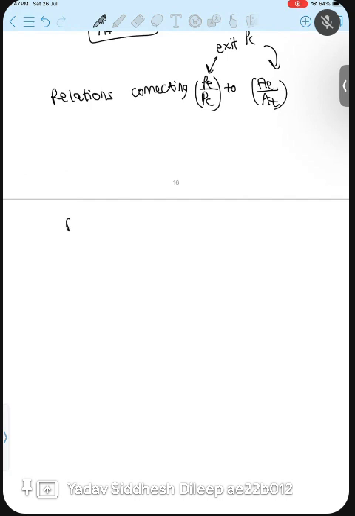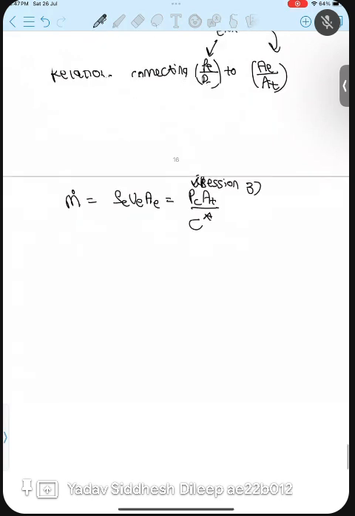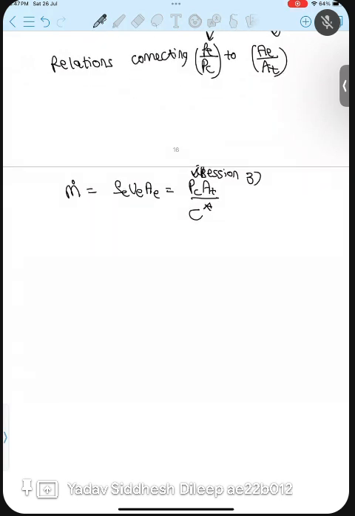So again, mass flow rate equals rho exit, u exit, A exit, and mass flow rate equals PC AT by C star. This was proved in the previous lecture, session 3. So you have these two equations. You have AE here, the exit area, and the throat area here.